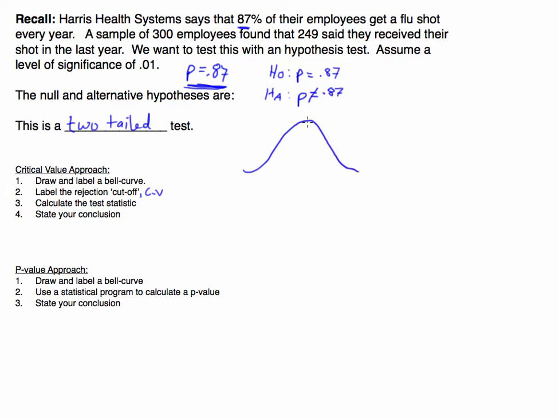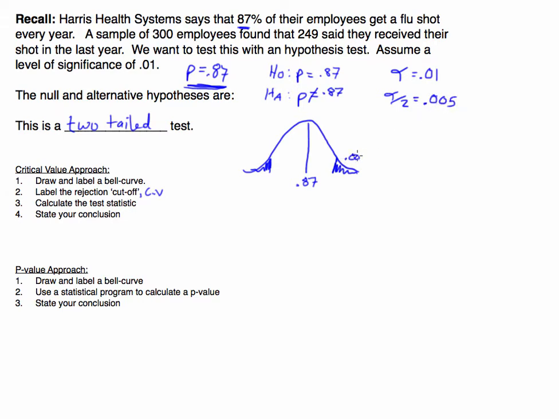Here we have our bell curve, and the population parameter in question is 0.87, so that's going to be in the middle. We have a two-tailed test because it's not equal to, so I'm going to draw my two tails. We are testing with a level of significance of 0.01. So alpha is 0.01. Since I have two tails, I'm going to split this up and have 0.005 in each tail.